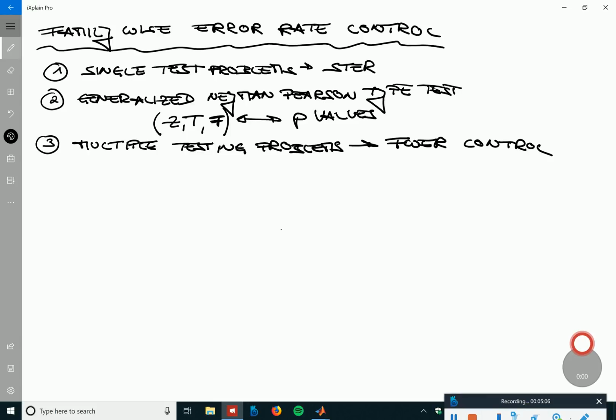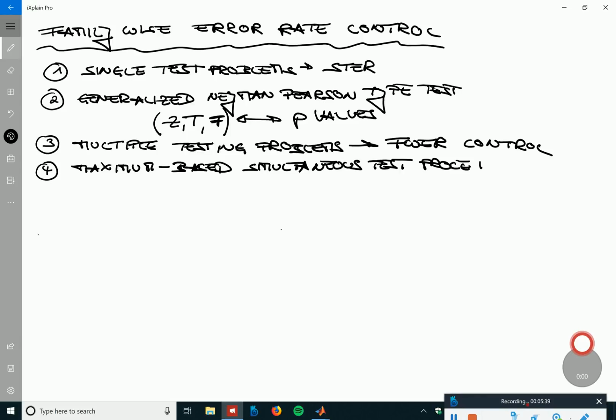And then finally, to relate this fairly closely to what we've now seen in terms of the SPM table and all these random variables that were discussed, we discuss what I call maximum-based simultaneous test procedures, and see how these relate to the family-wise error rate.